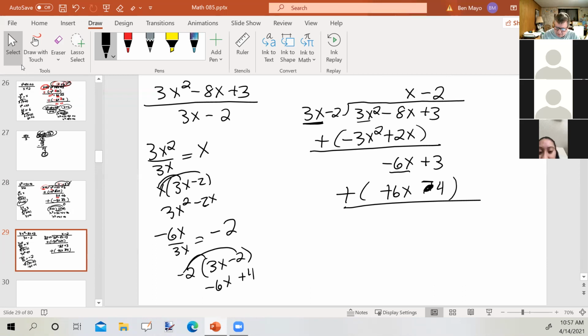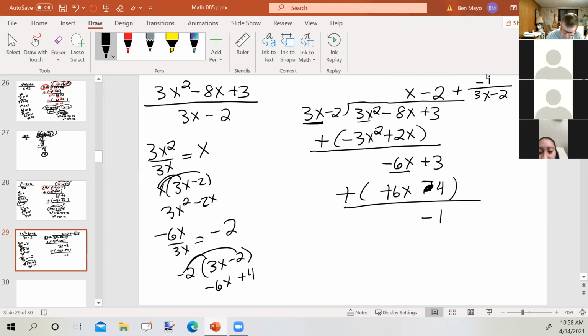Negative 6x plus 6x is 0x. 3 plus negative 4 is negative 1. All right. So now I have a remainder. So I'm going to write the remainder over the divisor. So I'm going to have x minus 2 plus negative 1 divided by the quantity 3x minus 2.